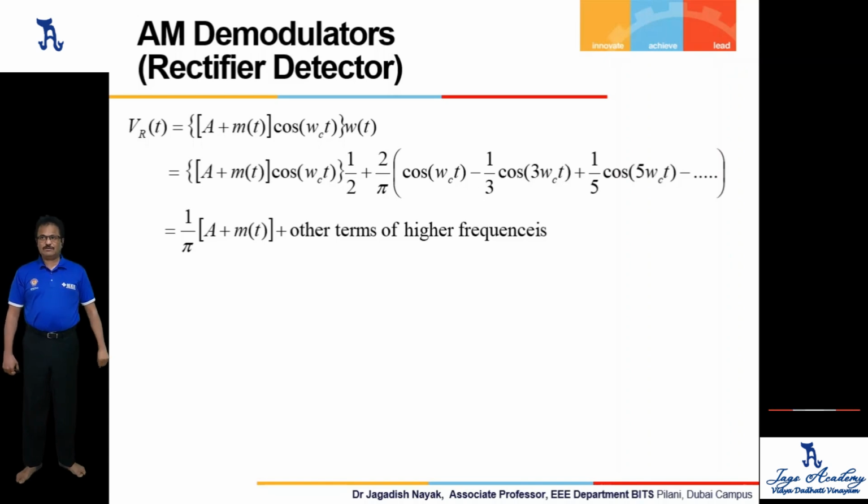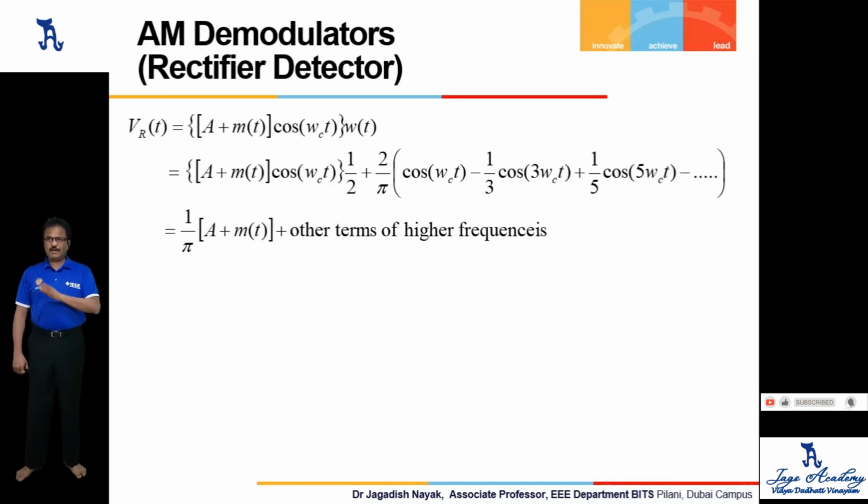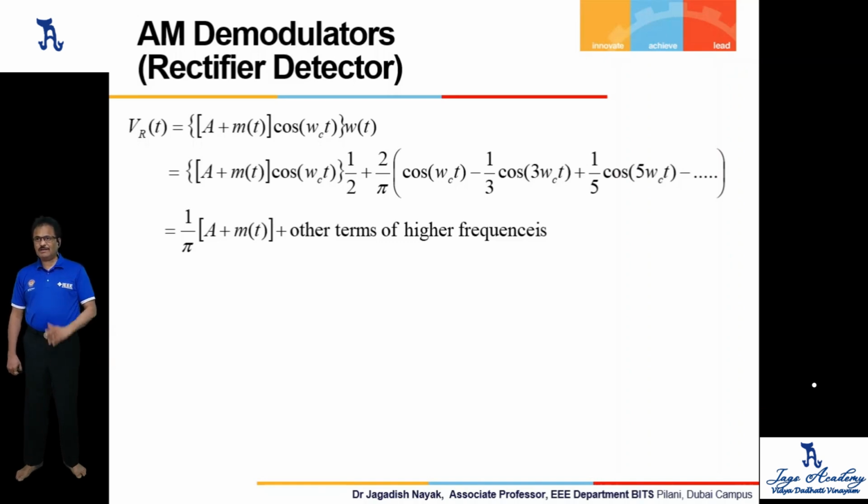That is half plus 2 by pi cos omega_c t minus 1 by 3, and so on, right? So now you just have to simplify this equation. You get A plus m(t), okay, into cos omega_c t plus half, multiply the entire equation, right? So when you multiply this, you will have a term 1 by pi (A plus m(t)) plus other higher frequencies.